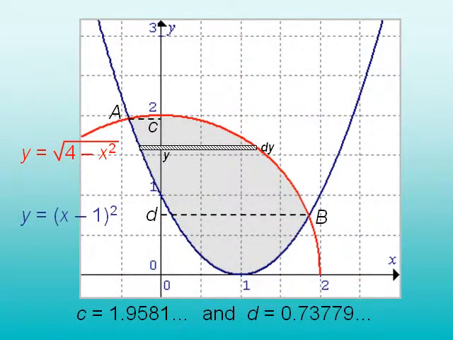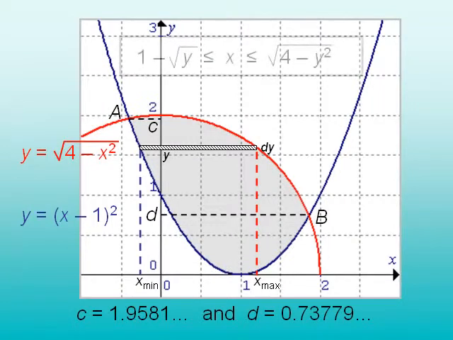On the other hand, if y is between C and D, then the minimum value of x is determined by the parabola, the blue curve, and the maximum by the circle, the red curve. In this case, x would be between 1 minus the square root of y and the square root of 4 minus y squared.